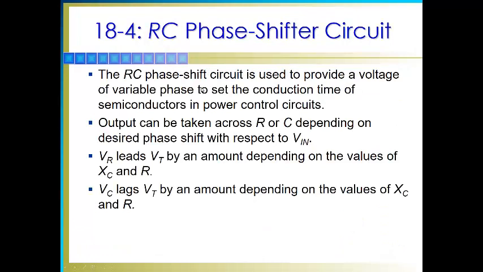All right. Now let's see the concept of an RC phase shifter circuit. Basically, the output can be taken across R and C, that means the resistor and the capacitor, depending on the desired phase shift with respect to the voltage input. Remember that the voltage on the resistor always leads the total voltage by an amount depending on the values of the reactance and the resistor.